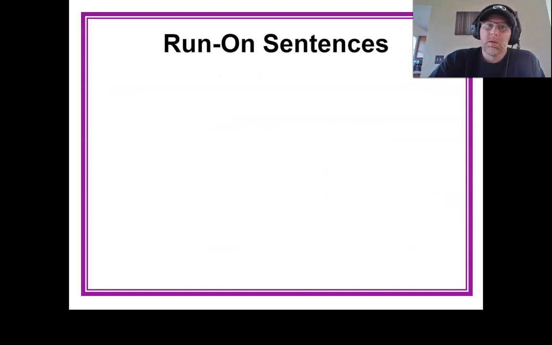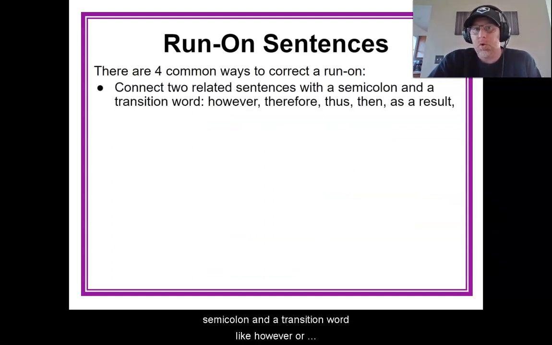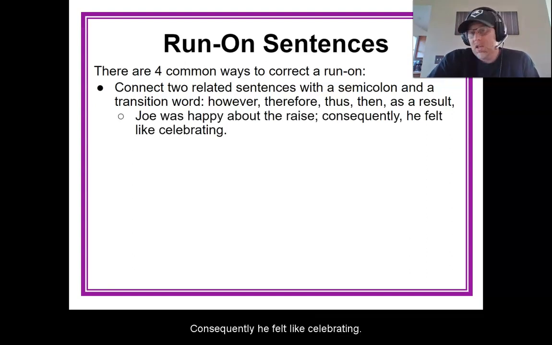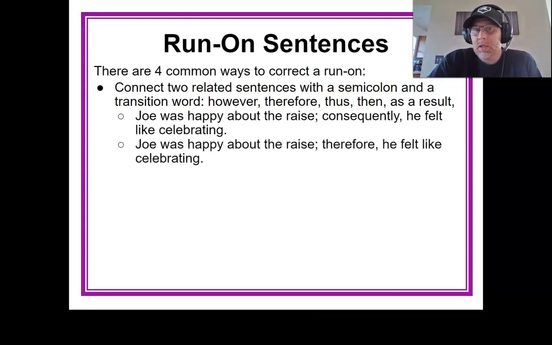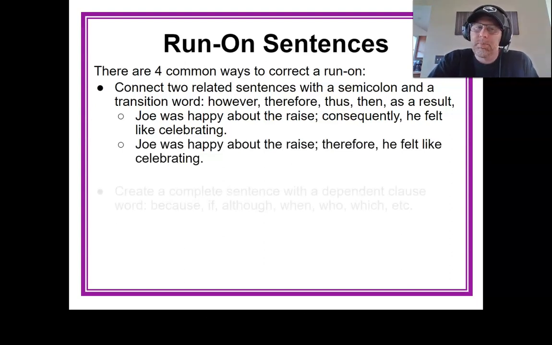You might also connect two related sentences with a semicolon and a transition word, like however or therefore, as a result. Okay, Joe was happy about the raise. Consequently, he felt like celebrating. He was happy about the raise, therefore, he felt like celebrating.